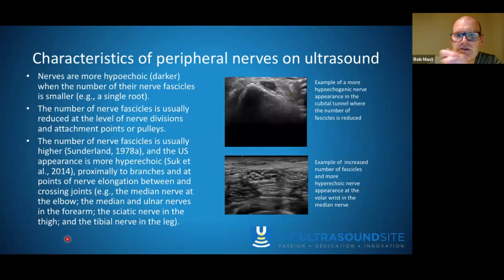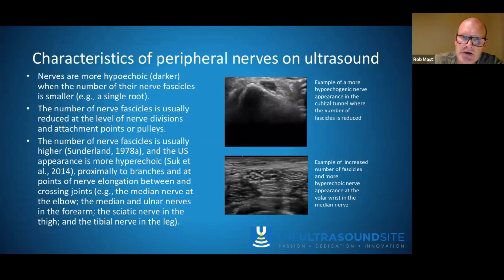That's why, if you look at the median nerve at the wrist, you can see a huge number of fascicles surrounded by the epineurium, and it looks very clear, very bright, very black and white, the honeycomb structure, the classic nerve structure.